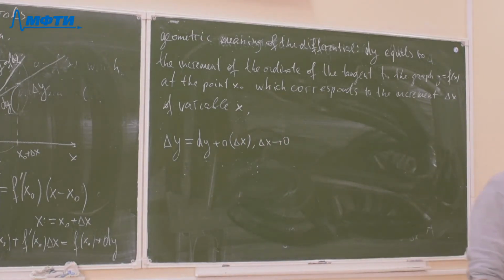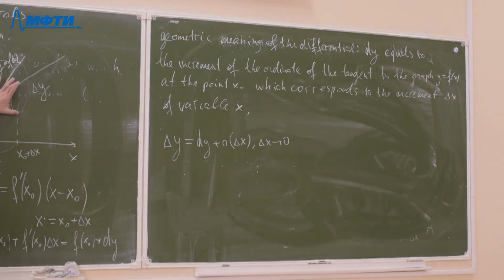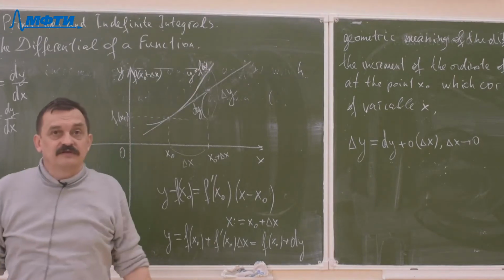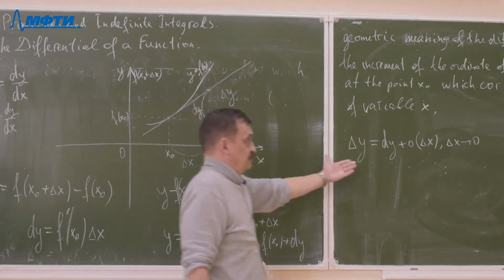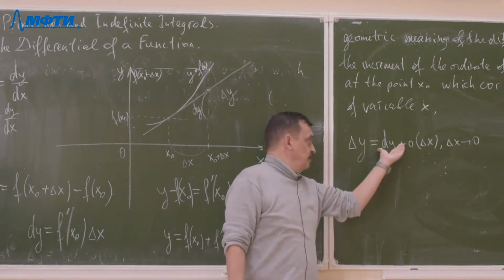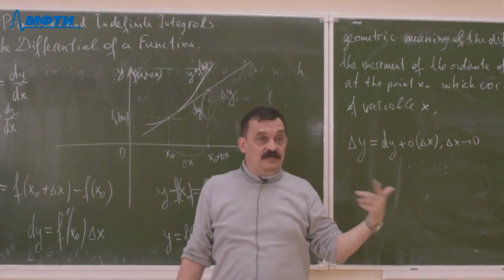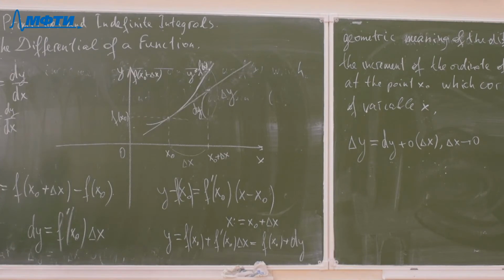That is from the definition of the differential. So dy is the principal part up to terms which are little o of delta x, so larger powers of delta x are outside of the differential.